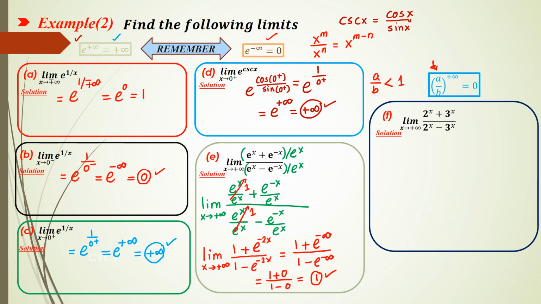So you have to divide by 3 to the x, up and down. So the first step, divide by 3 to the x.